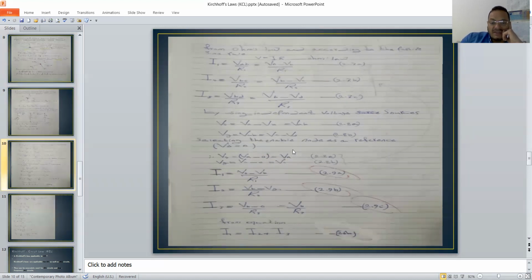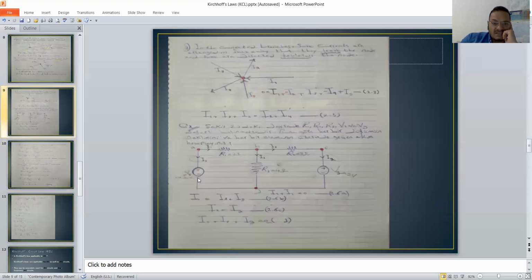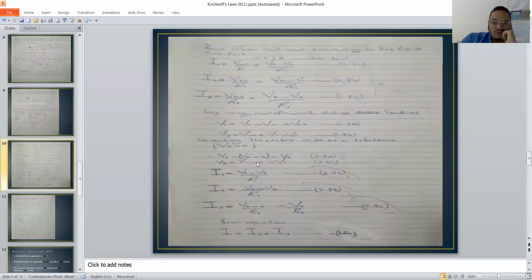Selecting the enable node as a reference, VD will equal 0. That means we will delete VD here, any VD, because VD at the enable node equals 0. VS equal VA minus VD. Here maybe I did something wrong, because VS equal VA minus VD, not VB.